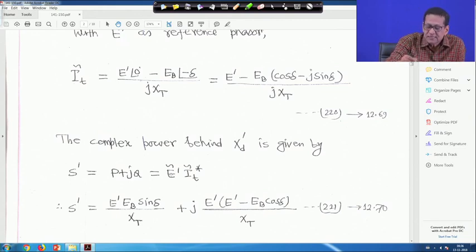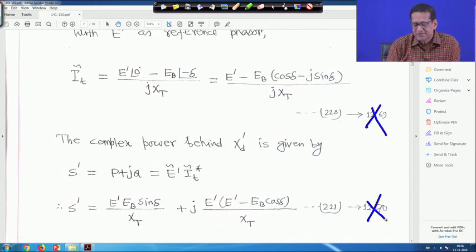If you just try to do it, I am just making it for you. This is for my reference: E dash minus E b cos delta minus j sin delta.